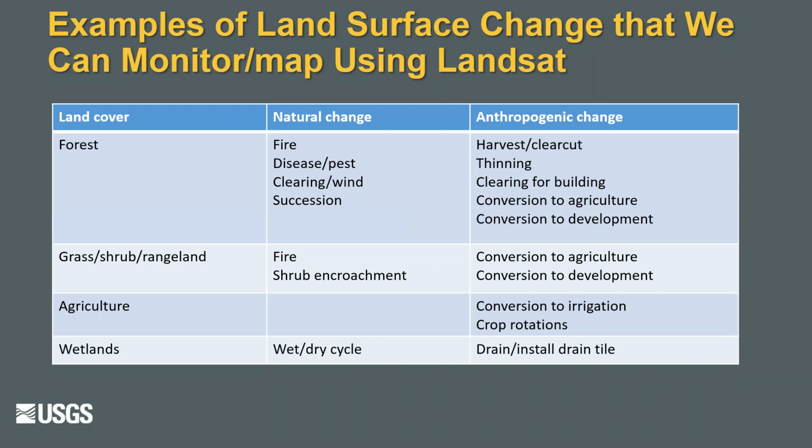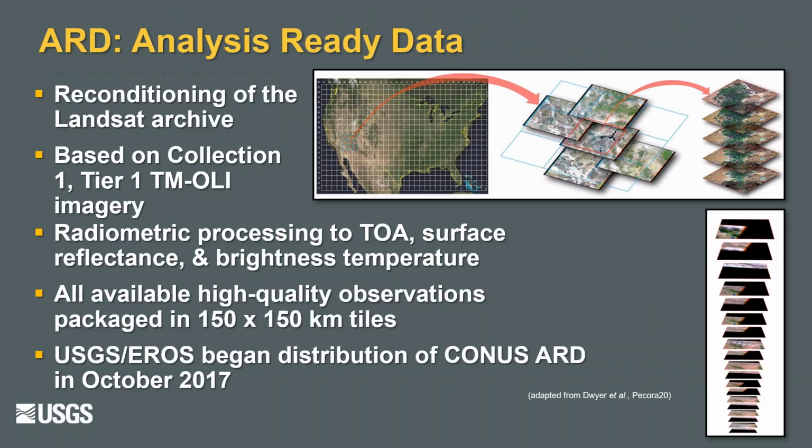Conversion to agriculture and conversion to development would actually represent a land cover change, whereas shrub encroachment might just be a land surface change that doesn't trigger a cover change, and we sometimes call that conditional change.